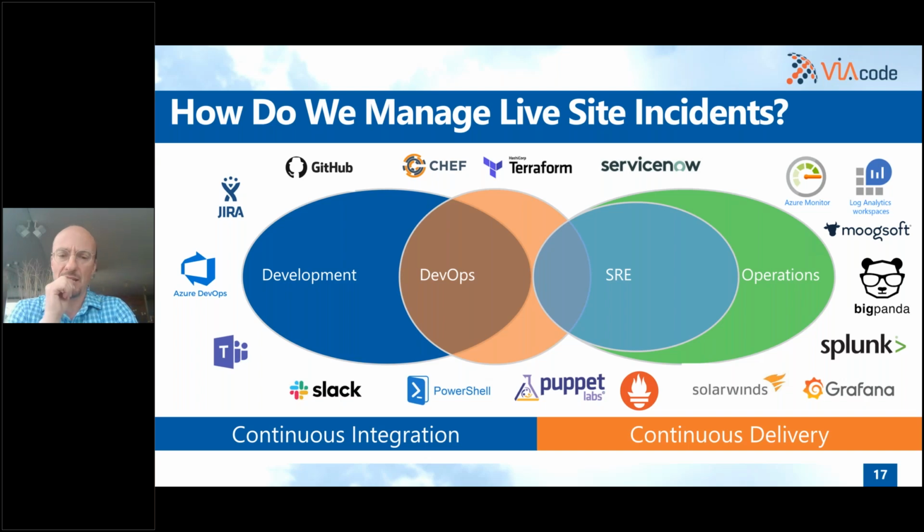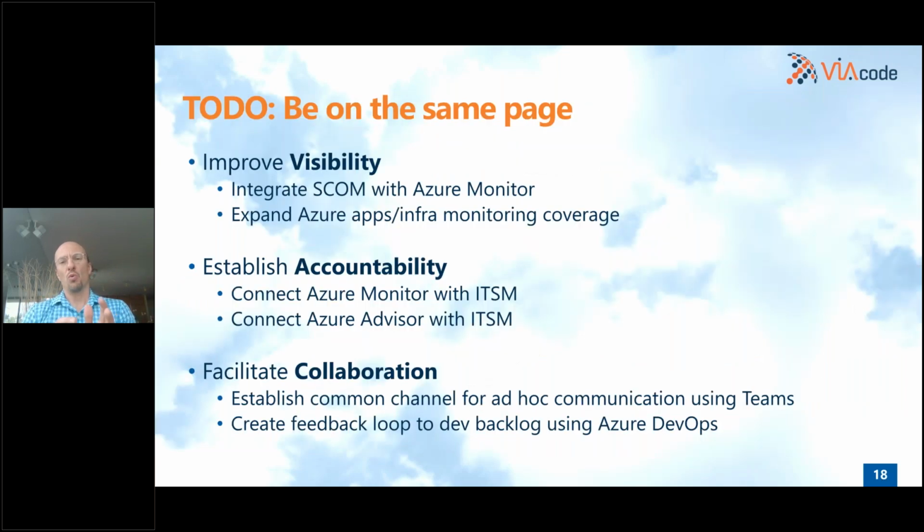So what we see is not the lack of great tooling or the lack of integrations available. We see the actual integrations in place in big organizations. So we believe that it is very important to be on the same page, and we see this falls into three big areas: visibility, accountability, and collaboration.